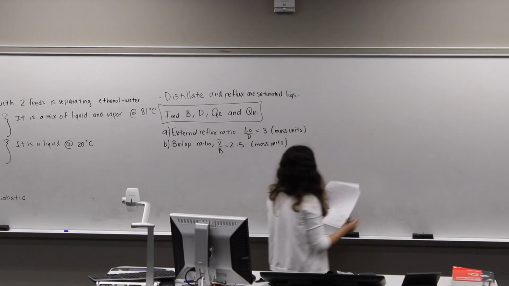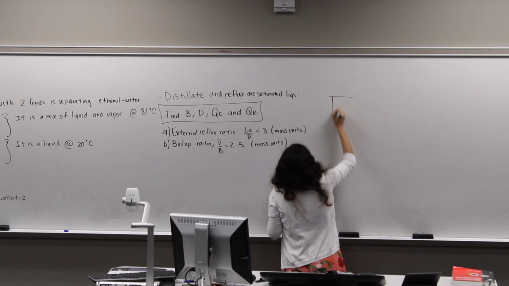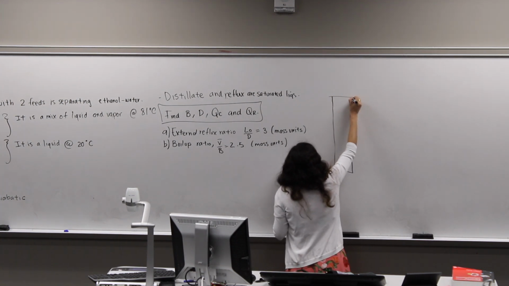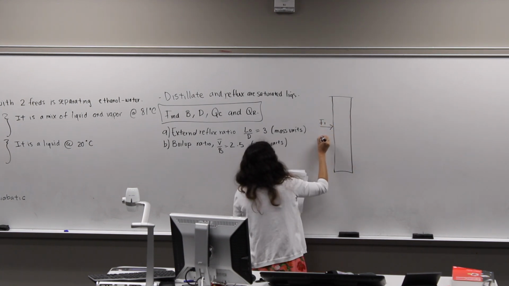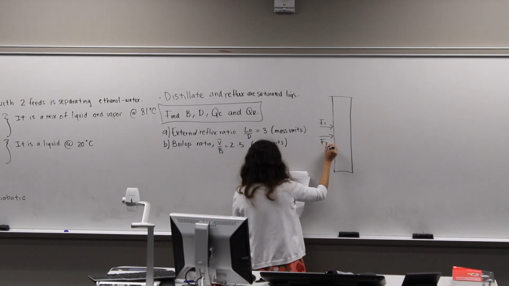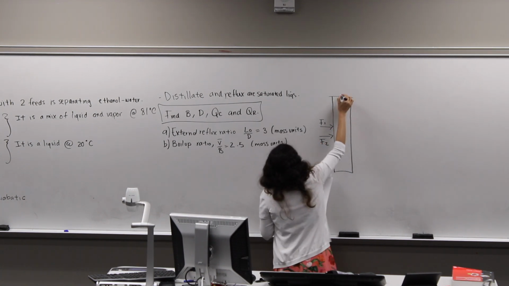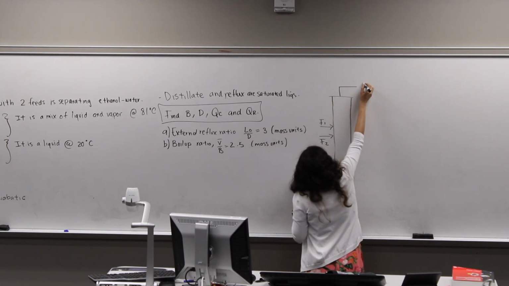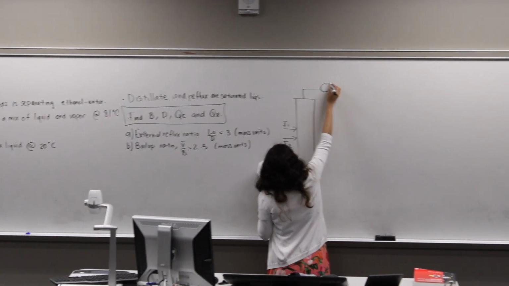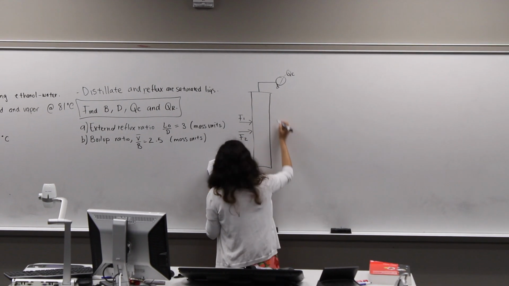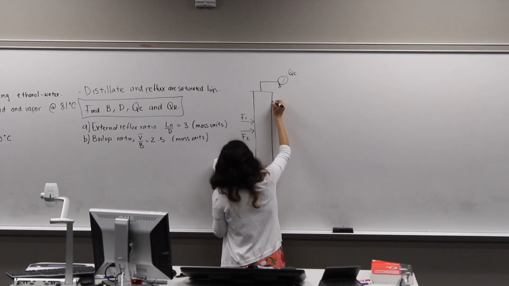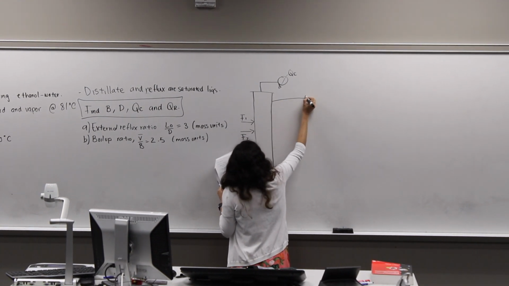So how does this look? I have a column, right? And I have 2 feeds to that column. I have here the vapor that goes to the condenser, and this is one of the amounts I want to calculate, that heat load. And here I have the reflux.